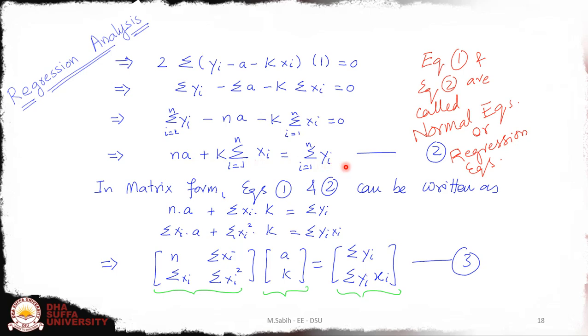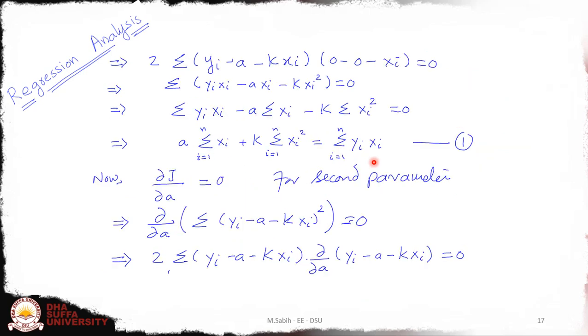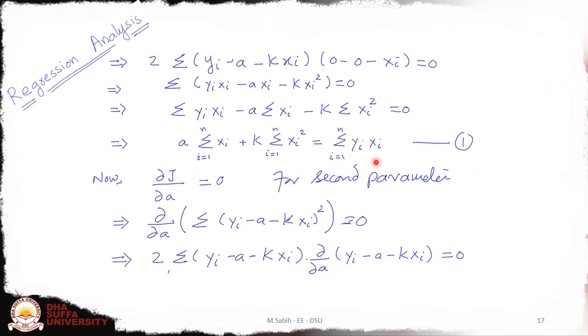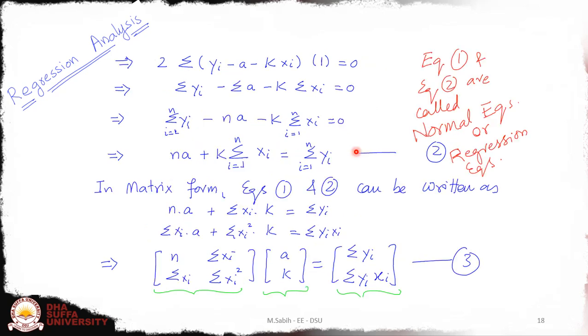Equation 1 and equation 2 are also called the normal equations or the regression equations. Notice that the first term is a times this plus k times this equals this, and then we have a times n plus k times this equals this value. So we can write them in matrix form.